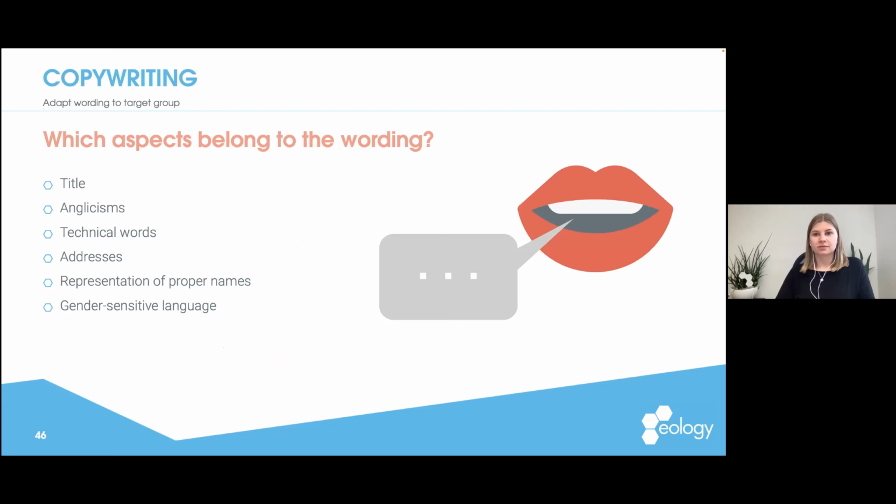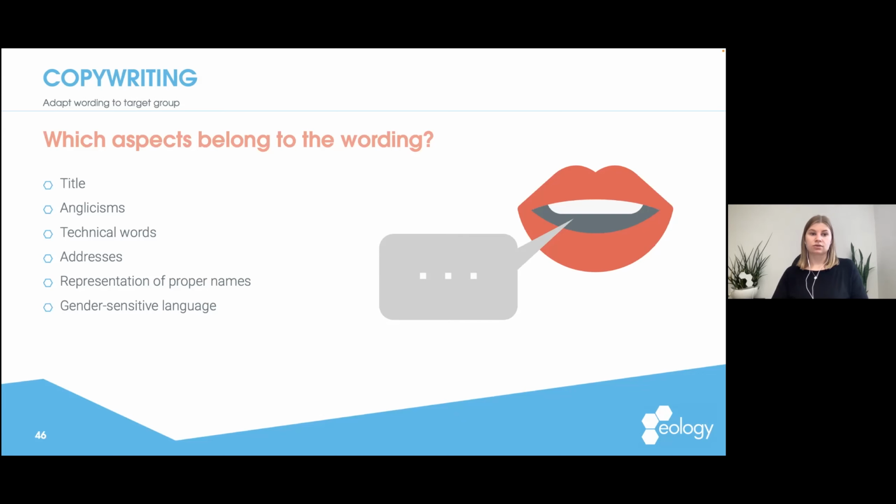Which aspects belong to the wording? You have to think about titles, like doctor, the title of your writers or your experts. You have to think about Anglicisms. Do you want to use them, or do you not want to use them? Just check that your language style is current over all the landing page, the ebook, over all the texts you have in there.